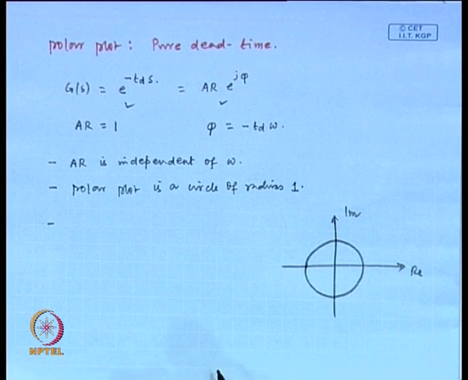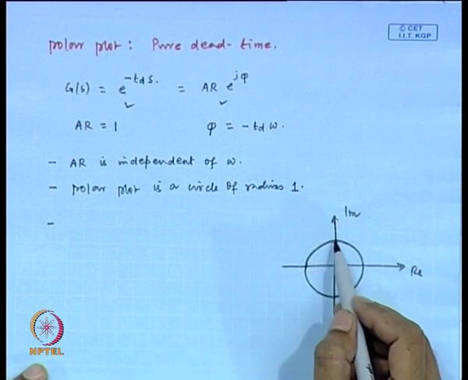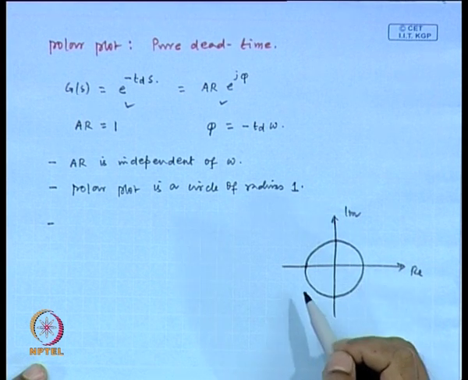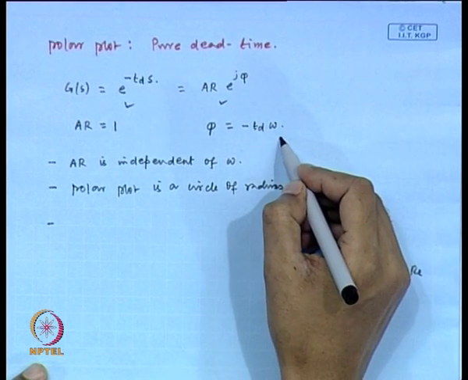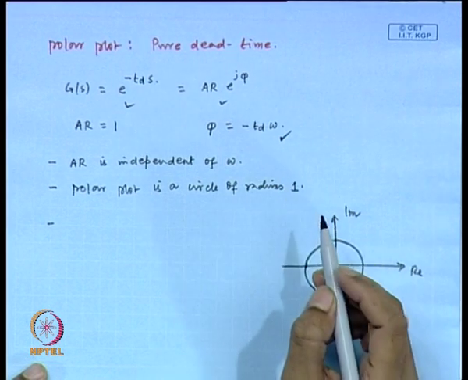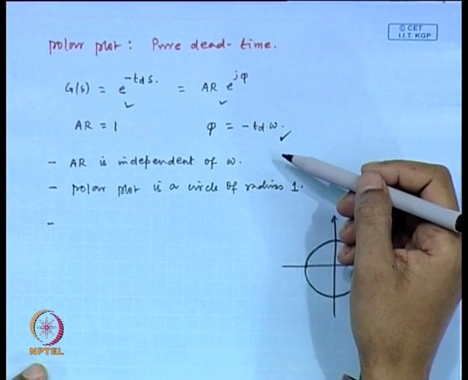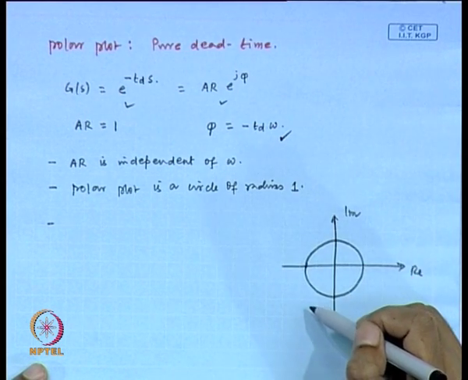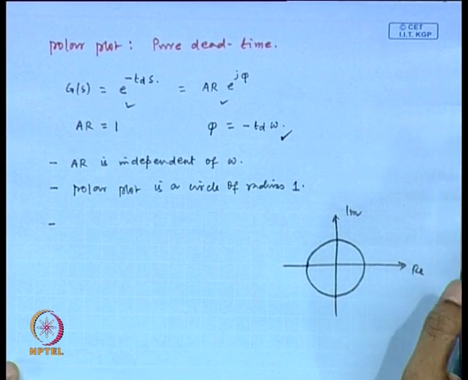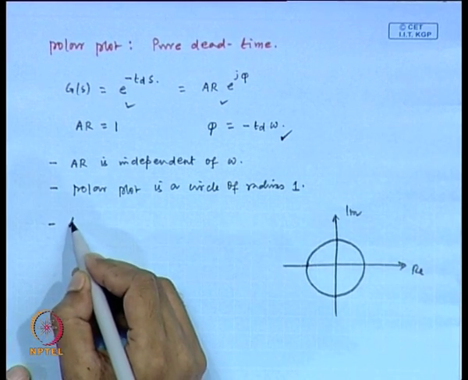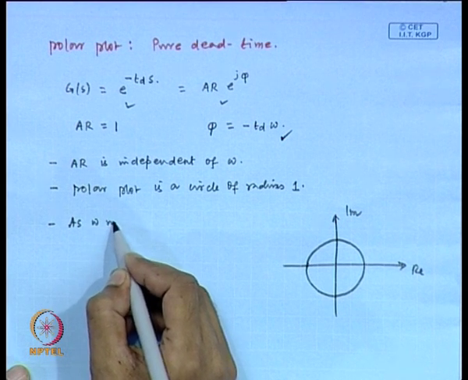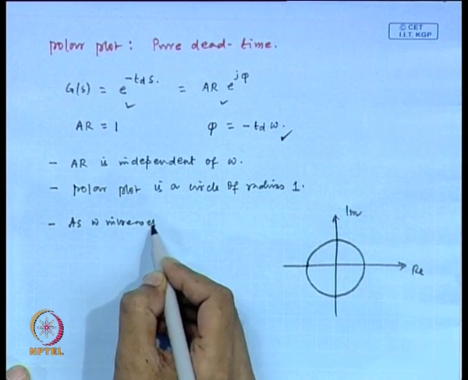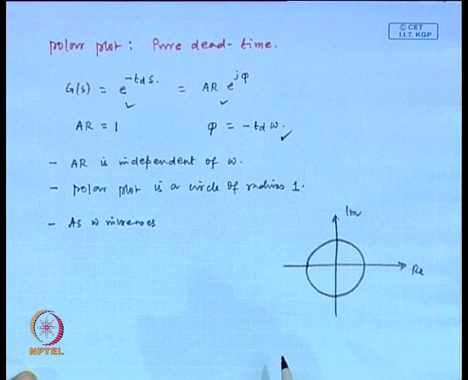As omega increases, what happens? As omega increases, this will start rotating. It is obvious from this expression. If you keep on increasing the omega value, you will see that this phi will change like this.